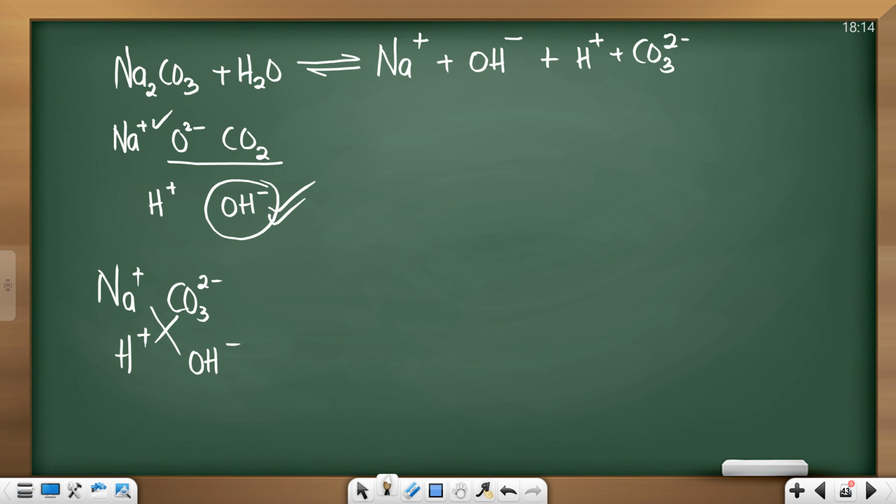Remember, it is a base. You must be able to define your acid and your base. It is very important. A base is a substance that produces hydroxide ions when ionized in water. Some people would use the word dissociate. It's actually the same thing. Both are changing to ions at our level.